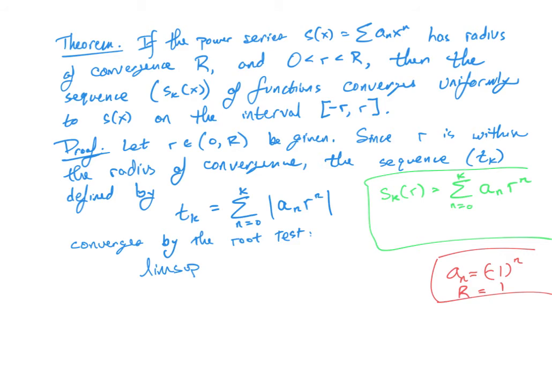So we would want to look at the limsup of |a_n r^n| to the 1 over n. But we already looked at this.